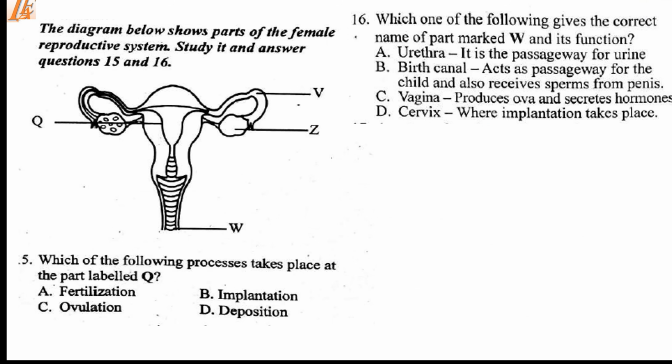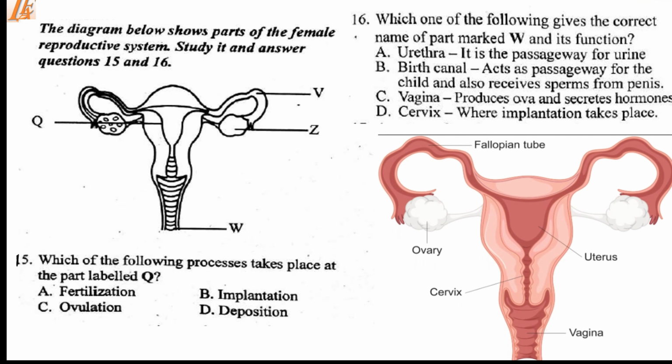So question 15 and 16, the question reads, the diagram below shows part of a female reproductive system. Study it and answer questions 15 and 16. So you can see the diagram there. And before we go to any question, let's label these parts.